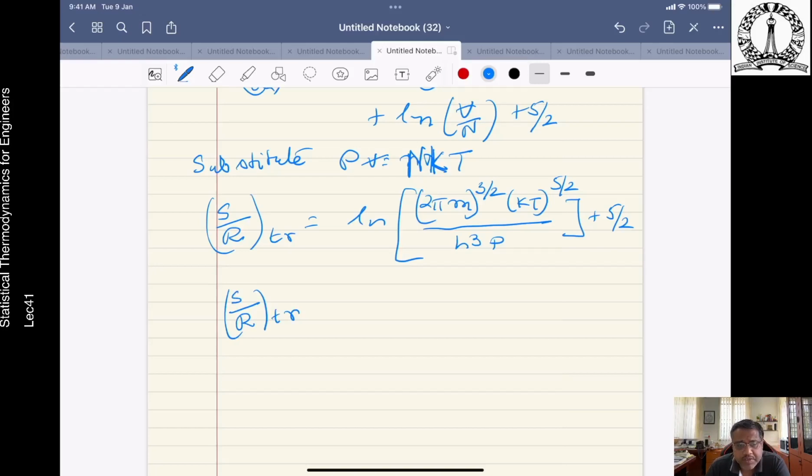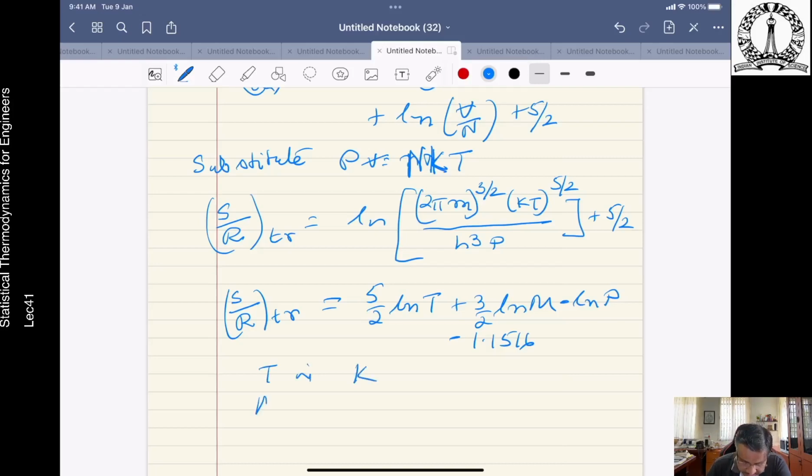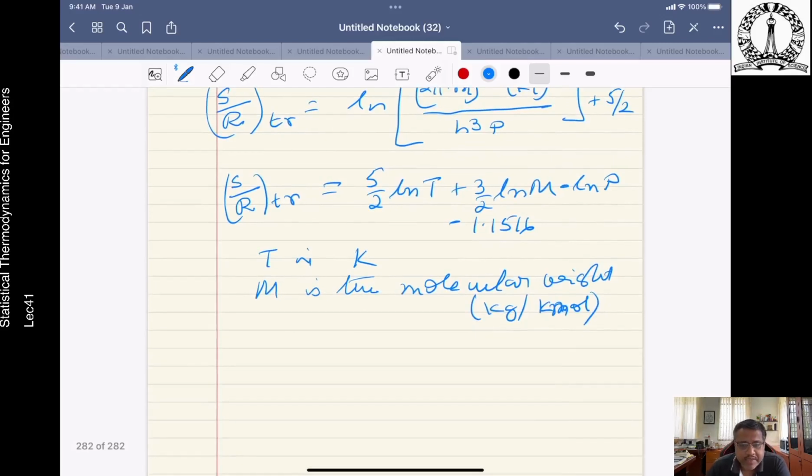If we do the evaluation properly, T is in Kelvin, M is the molecular weight given in kg per kilomole, and P is the pressure in bars.